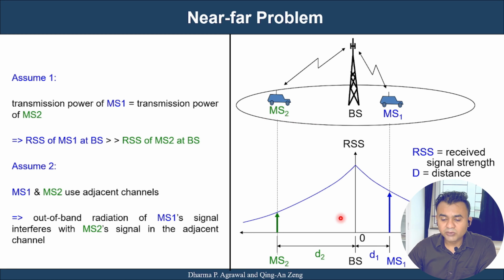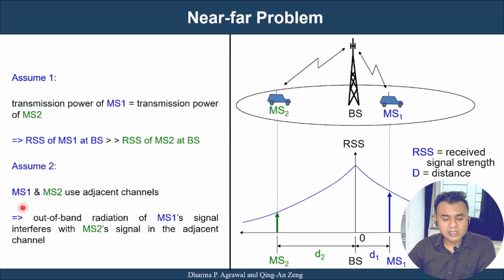Now, because of this distance, the received signal strength, known as RSS, for mobile station 1 at the base station is higher than the received signal strength of mobile station 2 at the base station, naturally, because it is located closer to the base station.